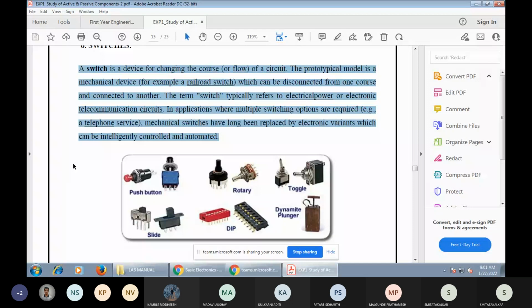That type of switches you can use as push button, rotary switch, toggle switch, slide switch. This is the slide switch, you can shift it left or right. This type of switch you can use for IC packaging. This is the base, dual in-line package, DIP. And the dynamic plugger you can use for particular electrical power or the switch.